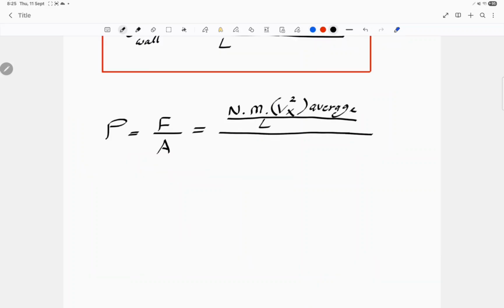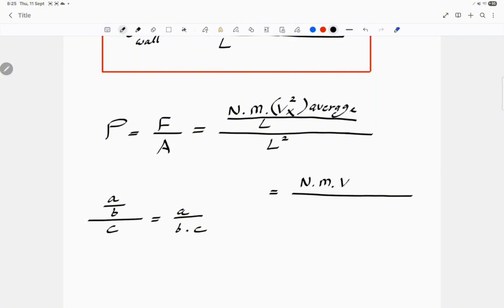So now we can replace the area with L squared, and now just like the math property, A over B big fraction over C is equal to A over B times C. So now we're going to say that the pressure is equal to one big fraction n m Vx squared average over L squared times L, which will give you L cubed. That's going to be the equation for the pressure of the gas on the wall.